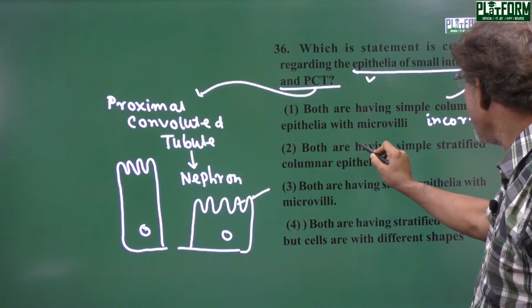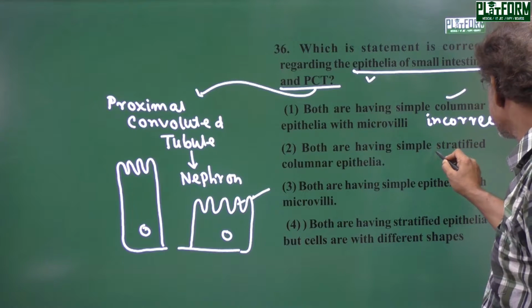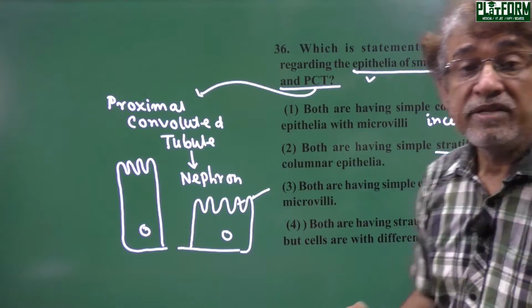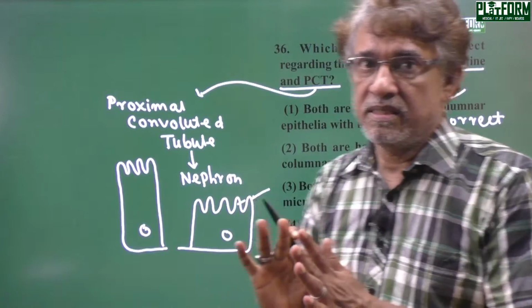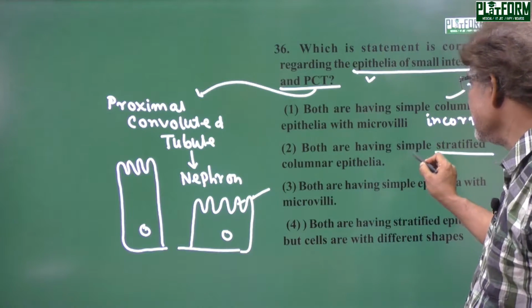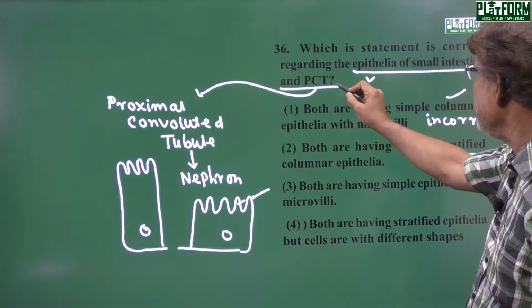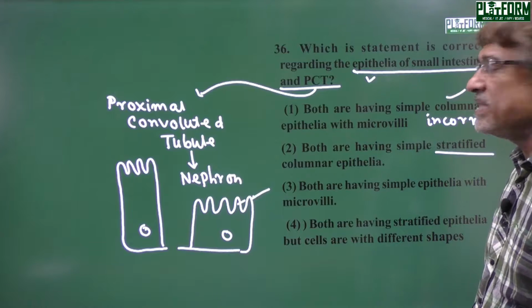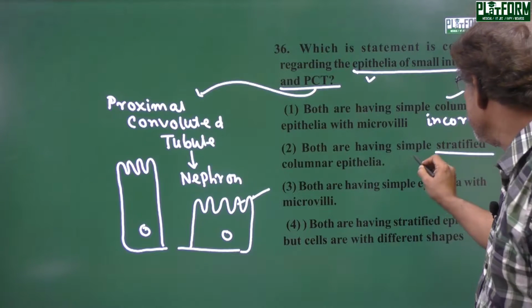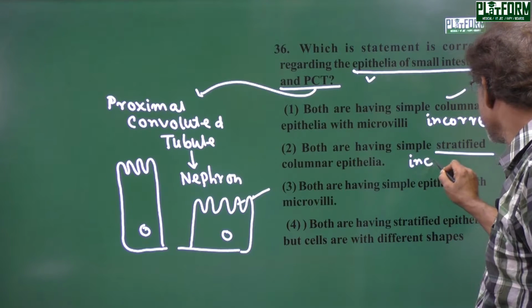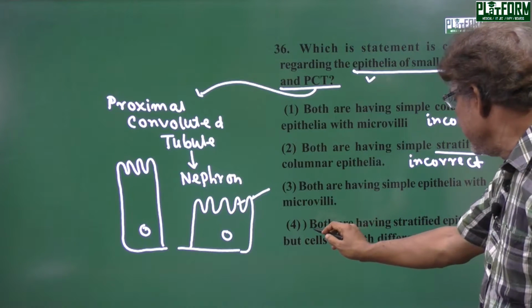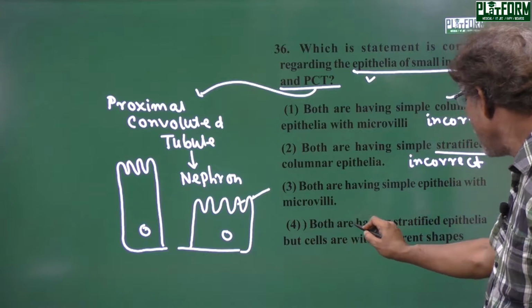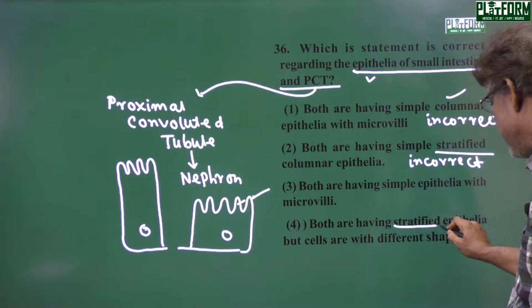Second option, both are having simple stratified. What is stratified? Multi-layered epithelial cells. Multi-layered epithelial cells are not found in PCT as well as epithelia of small intestine. So it is also incorrect. Next option, both are having stratified.